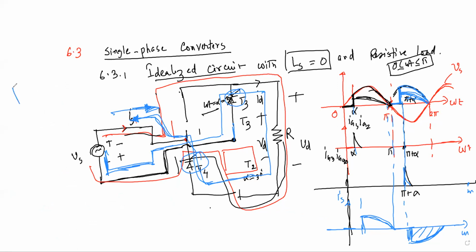Okay, so the wave shape of the output voltage will be like this. This is alpha to pi, and then this is your pi plus alpha. Well, this will be your EEE, or sometimes people call it DUT. It does not matter. Okay.